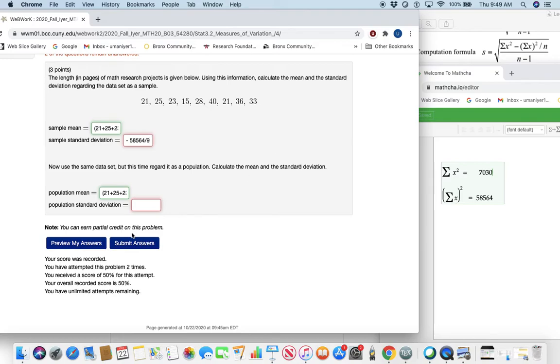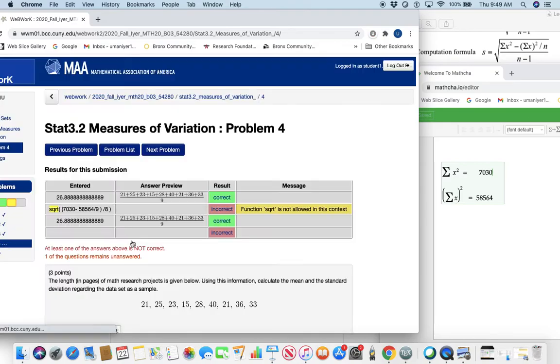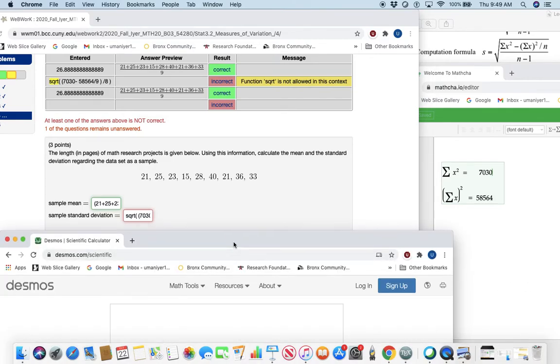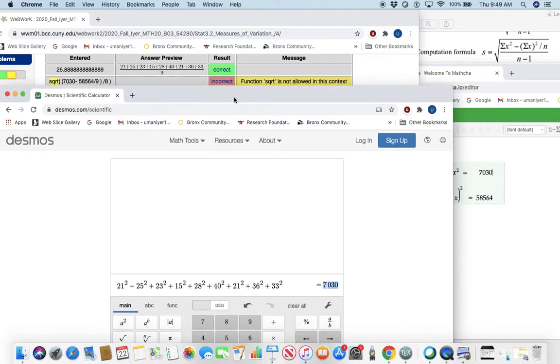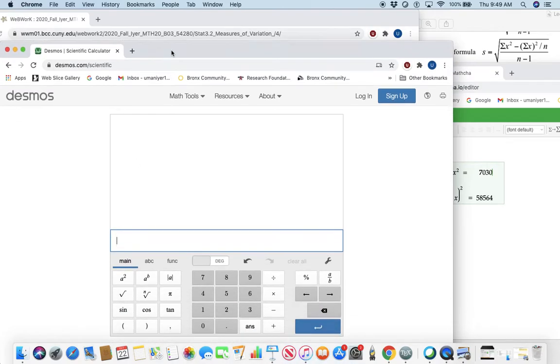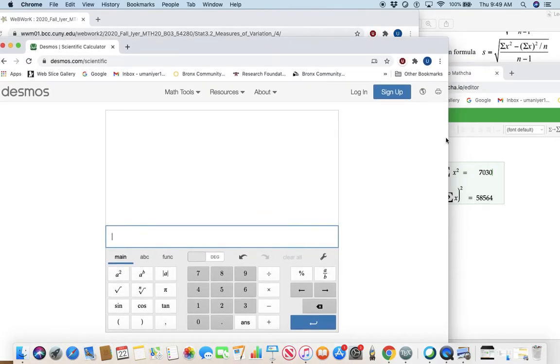So let me submit and check. Okay, it's not happy because SQRT is not allowed. So I understand. They don't want you to use SQRT. They want you to give the final answer right away. So for the standard deviation, use the calculator, find the final answer, and then plug it in.